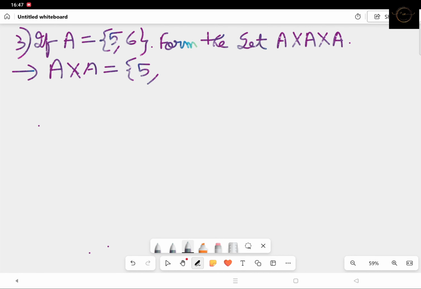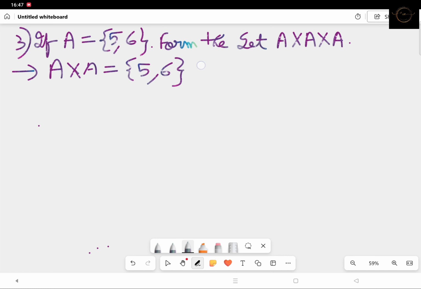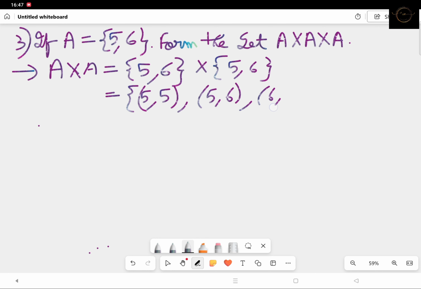So it will be 5, 5, then 5, 6, 6, 5, and 6, 6.